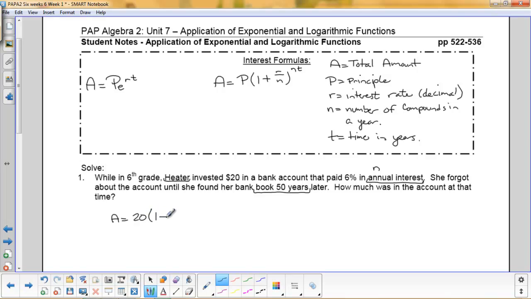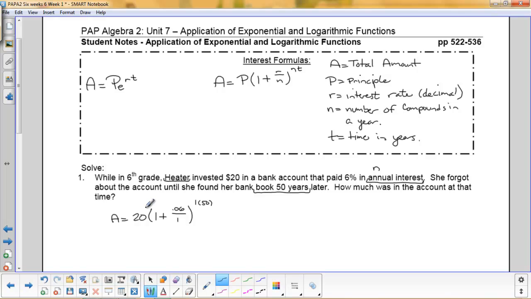Remember, 1 plus is always your constant there. We've got 6% annual interest, so the rate expressed as a decimal is 0.06. N stands for the number of times it's compounded in a year, and annual means 1. And then we're going to do 1 times 50.